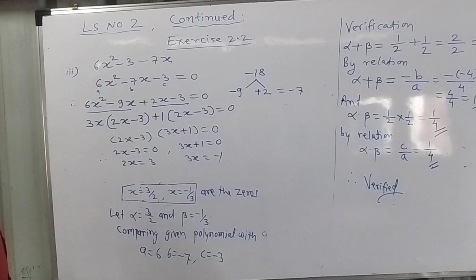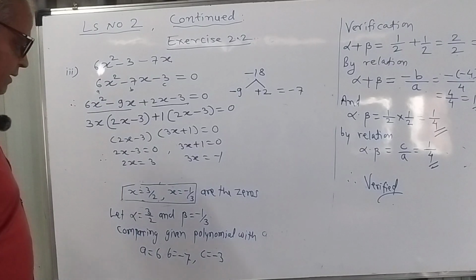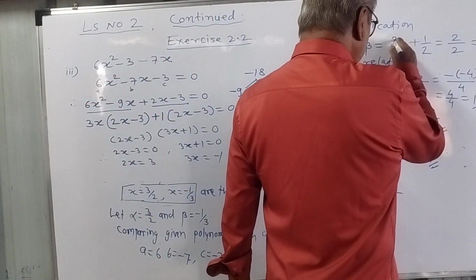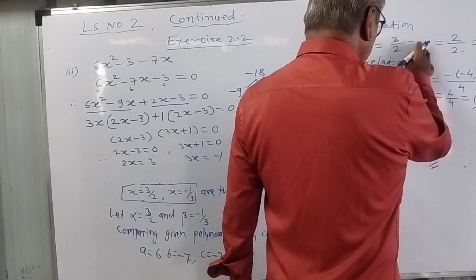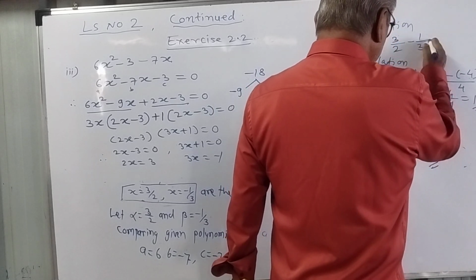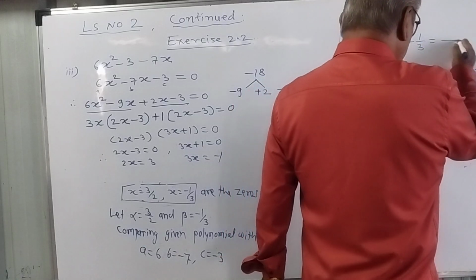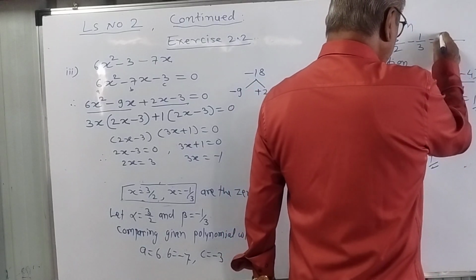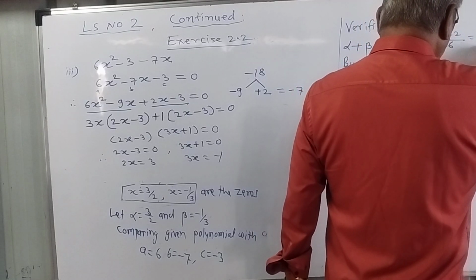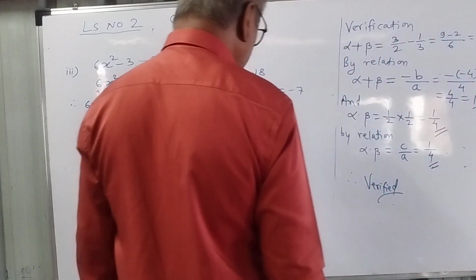Now the actual sum alpha plus beta is 3 upon 2 minus 1 upon 3. Cross multiplication: 3 twos are 6, 3 threes are 9, minus 2 will be 7 upon 6.